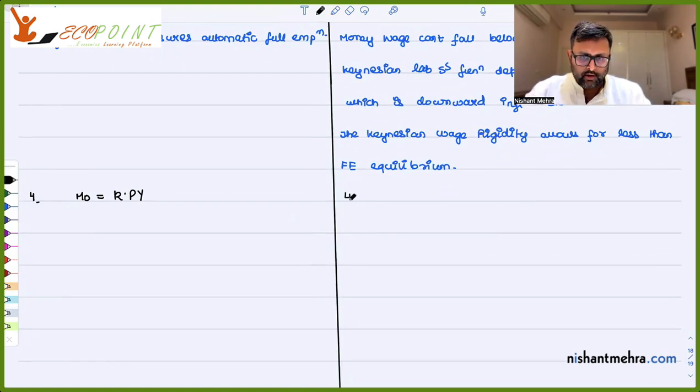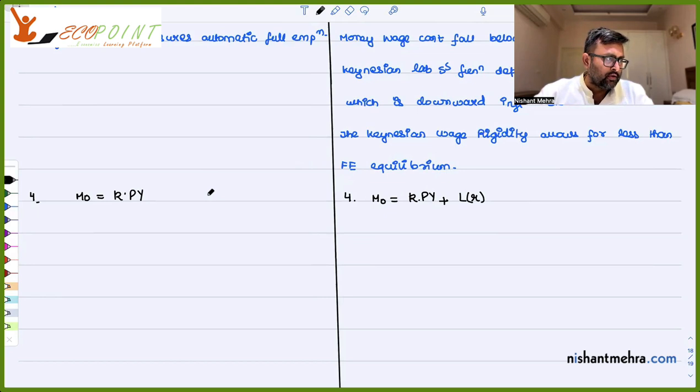But when you talk about Keynesians, their money demand is not just transactions demand, there is also speculative demand. That is also one difference. It adds speculative demand.